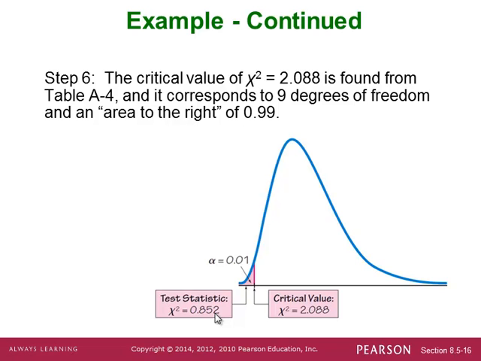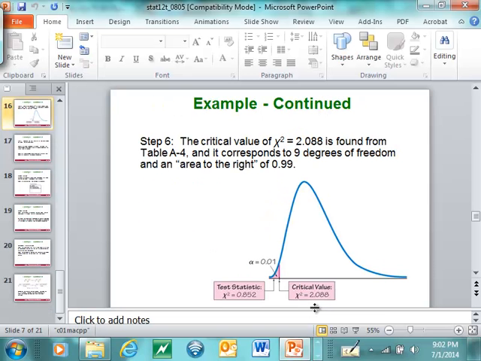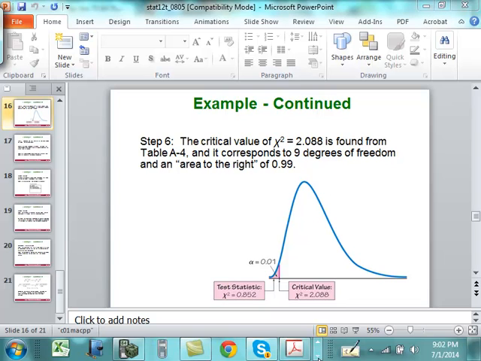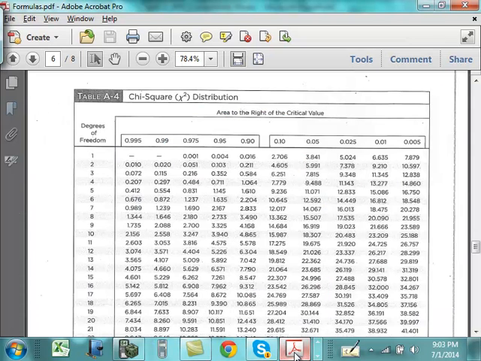Now let's go ahead and get our critical value. You don't need to know the test statistic value in order to get the critical value. So I'm going to go to my chi-square table. Here's my chi-square table, table A-4. I'm going to go down the left column down to 9 degrees of freedom that you see right here.